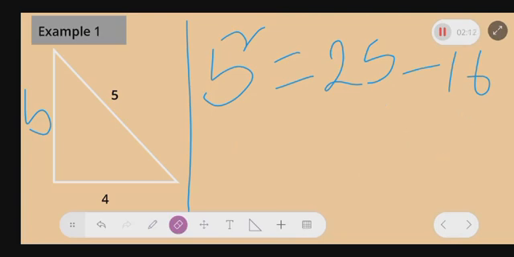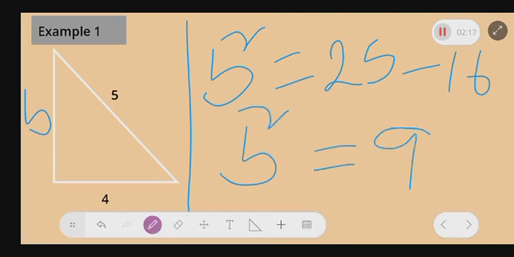So we have that B squared is equal to 9.